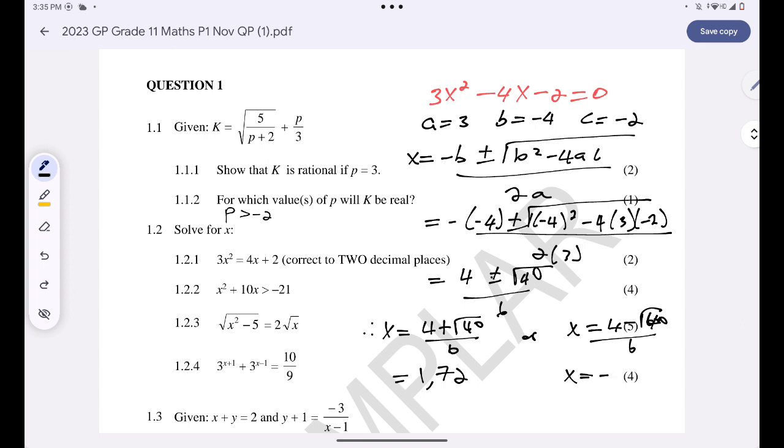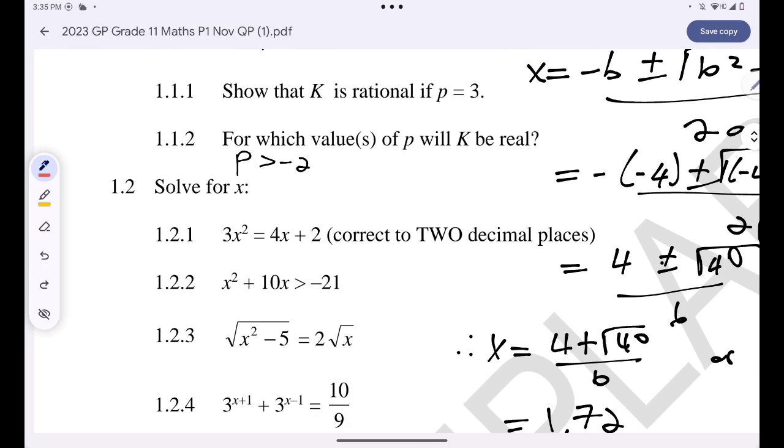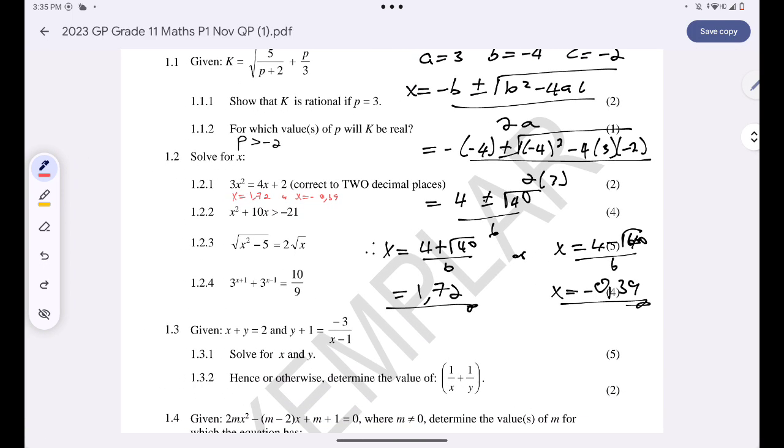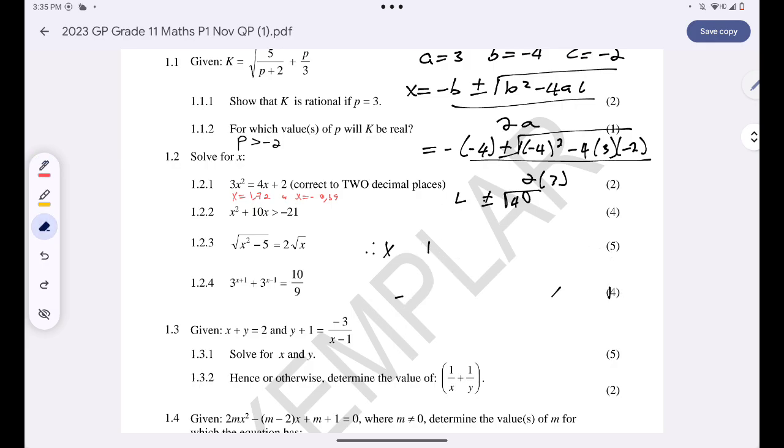This is -0.39. So these are my x values. x is 1.72 or x is -0.39.